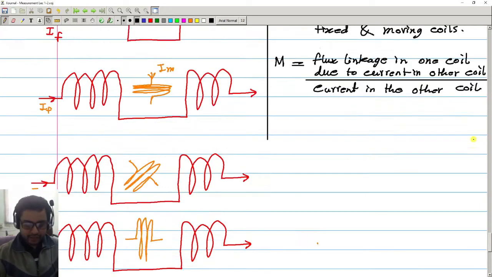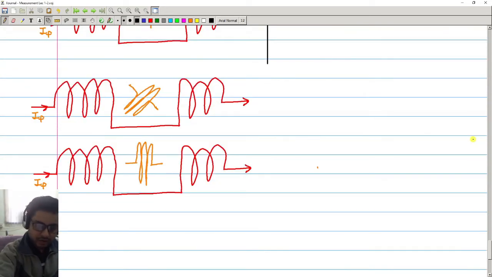So if I, for example, pass 1 unit current here, then it will create some flux which could be like this.